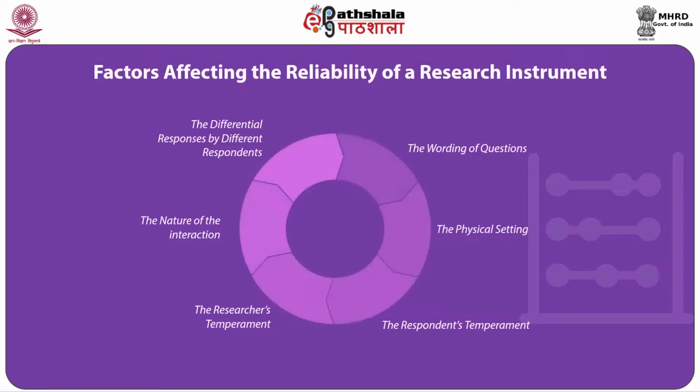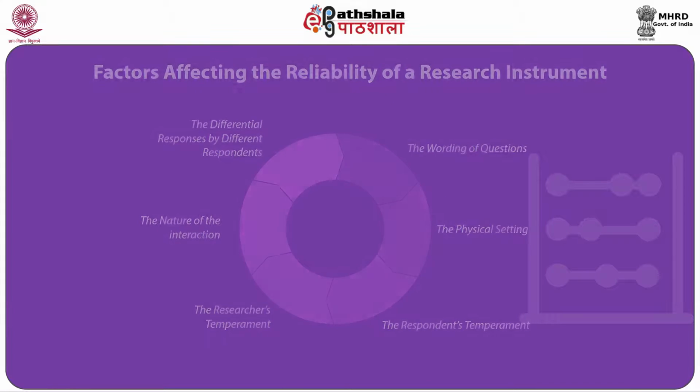A change in the respondent's mood in responding to questions or writing answers in a questionnaire can affect the reliability of the instrument. Fourthly, like in the case of the respondent's mood, if there is any change in the researcher's motivation and interaction, it could also affect the responses given by the respondents and thereby the reliability of the research instrument.